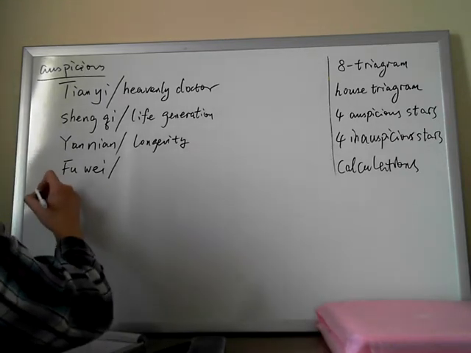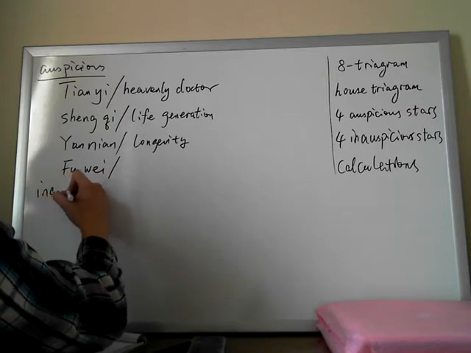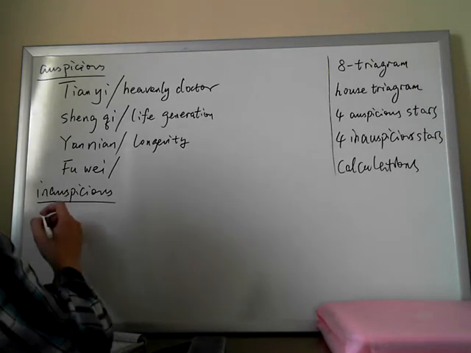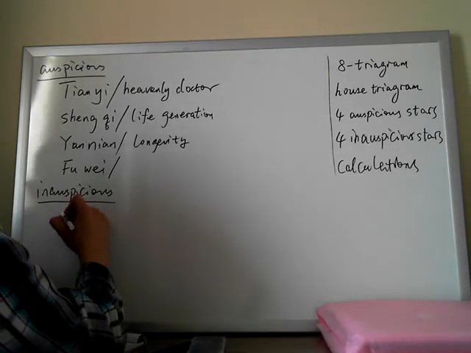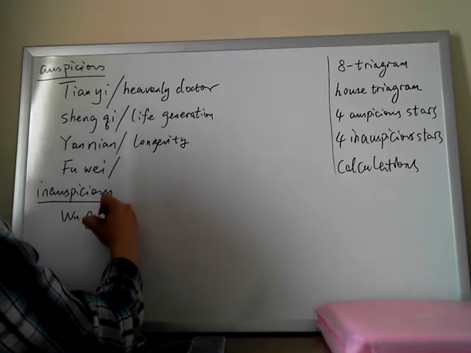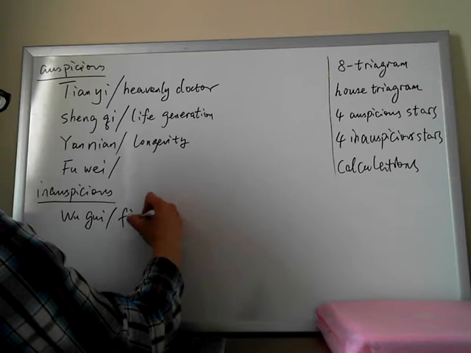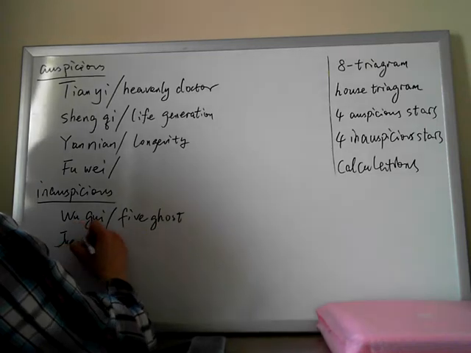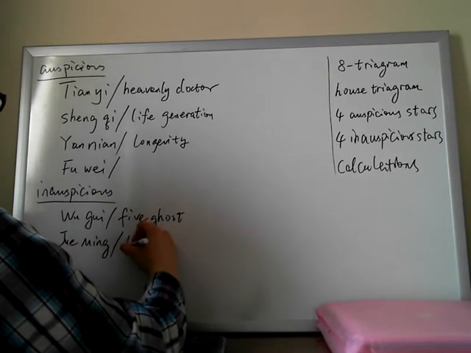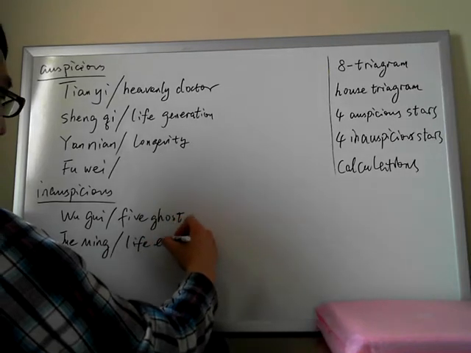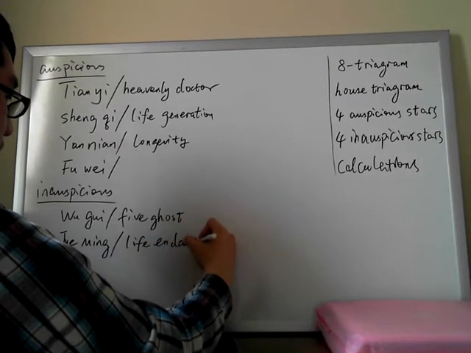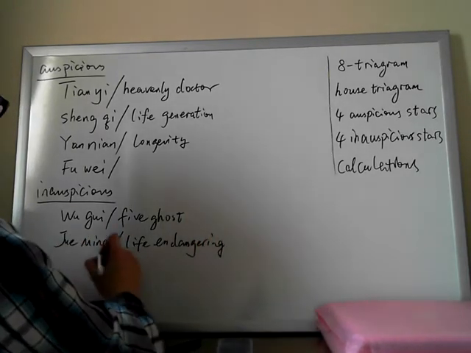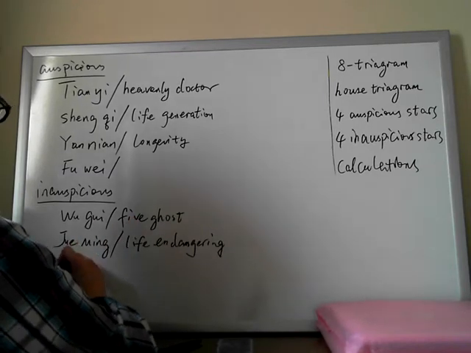Anyway, keep going. Inauspicious. Fu Wei, and there's 5 ghosts, Wu Gui. Jue Ming: life endangering. Don't be scared by the word, because it's not life endangering. It's just that its name in Chinese means life endangering, but it's not life endangering at all.